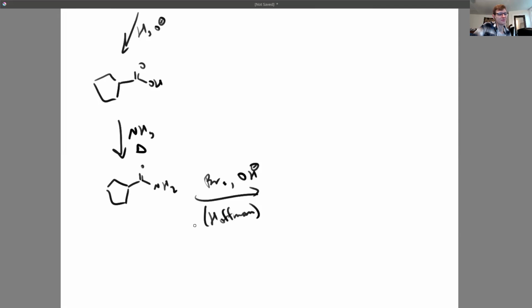Maybe they meant to reduce that carbonyl off first, but that still wouldn't make sense because then the nitrogen's not in the right spot, it's one bond too far. There might be a special case of the Hofmann elimination with amides. And so this should take a CO2 off.